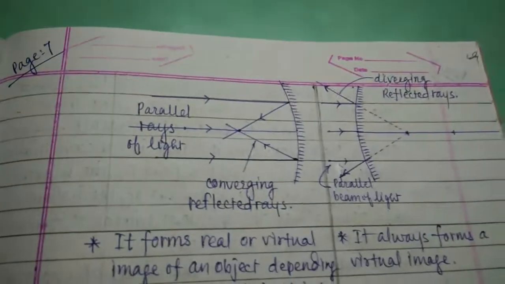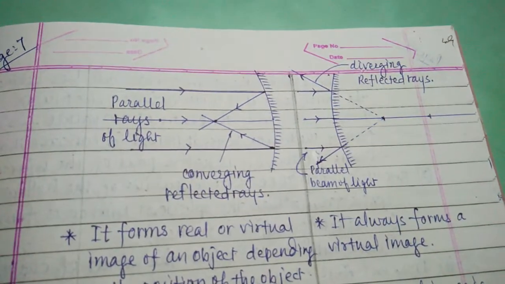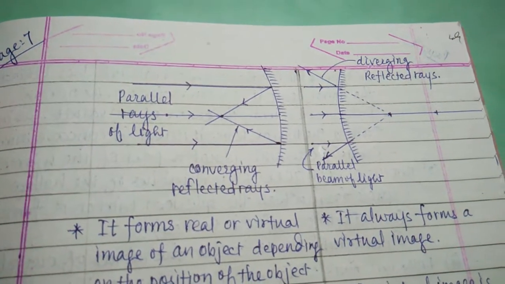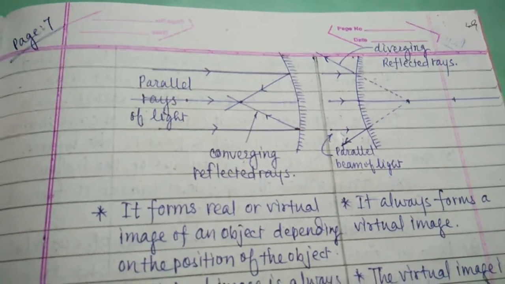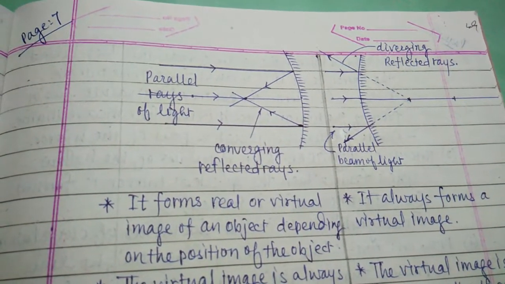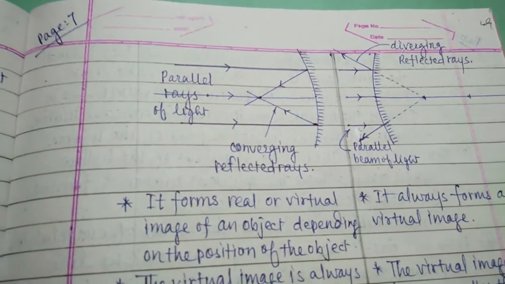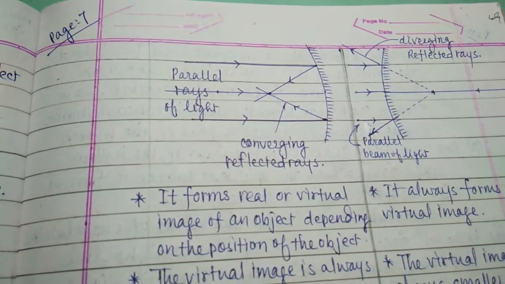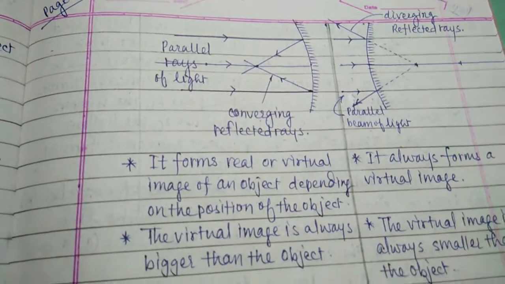These are diverging rays. That's why it is called the diverging mirror.